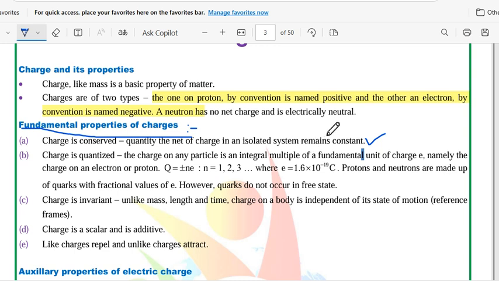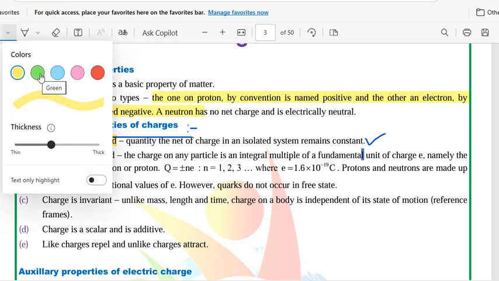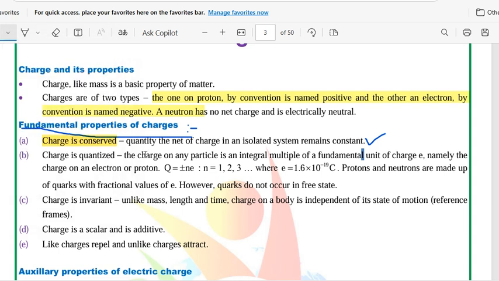In other words, we can also say that charge can neither be created nor be destroyed. This is nothing but the charge is conserved.